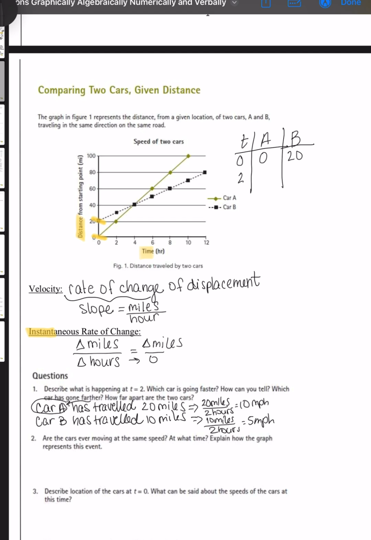At 2 hours, car A is now 20 miles from the starting point, and car B is now 30 miles from the starting point. So it looks like at 2 hours, they must be 10 miles apart.